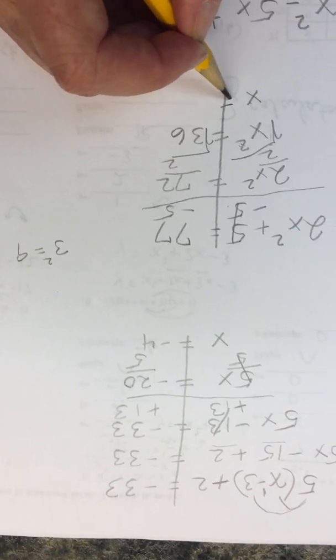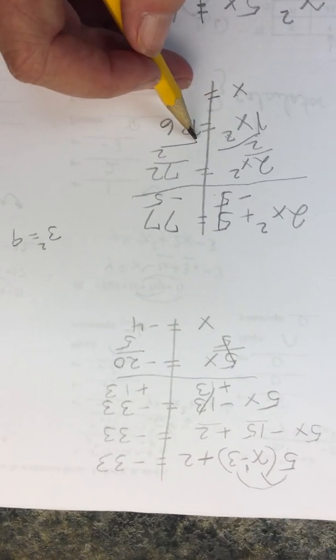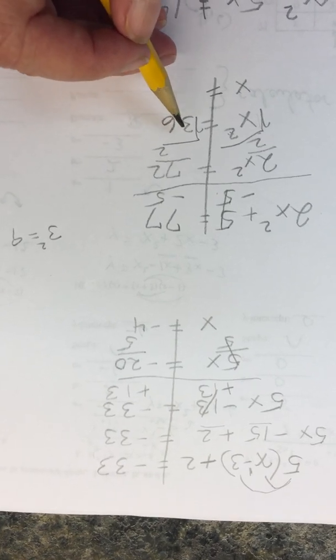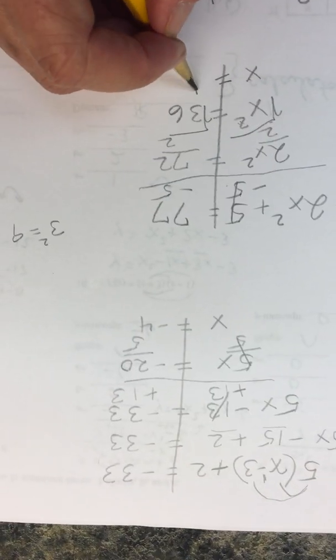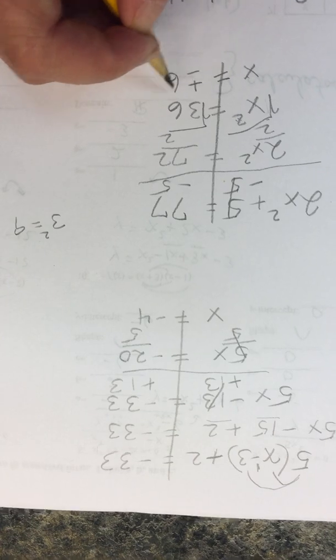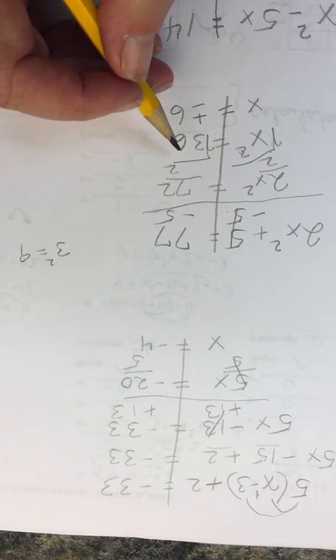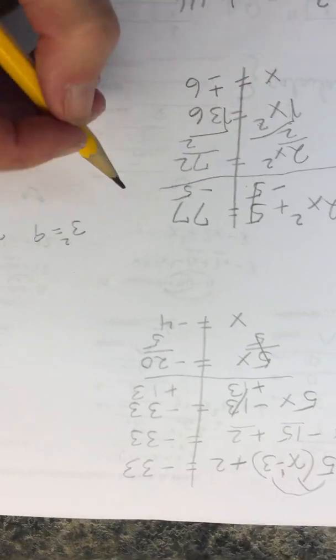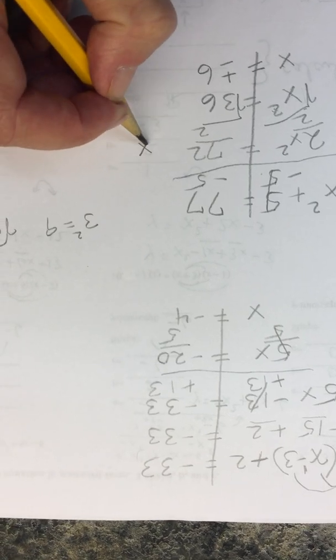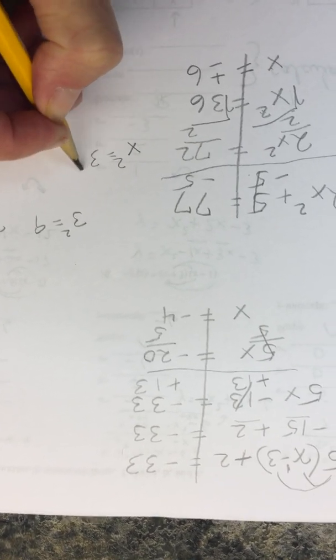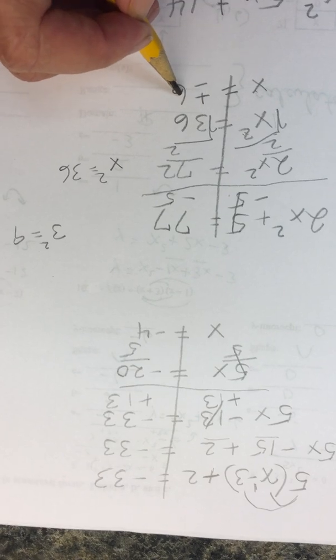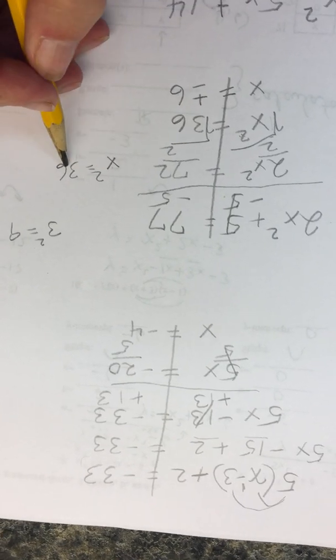Now, the tricky thing to remember when you're solving and you put the square root symbols around them is that this needs to have two different answers. It is both plus and minus 6. We know the square root of 36 is 6 because 6 times 6 equals 36. But remember this problem up here, right before we did the square root symbol. x squared equals 36. If x is a positive 6, 6 times 6 equals 36.